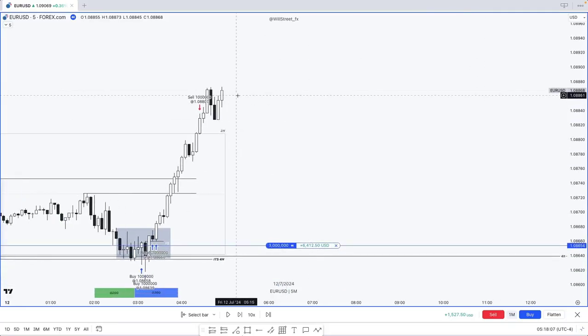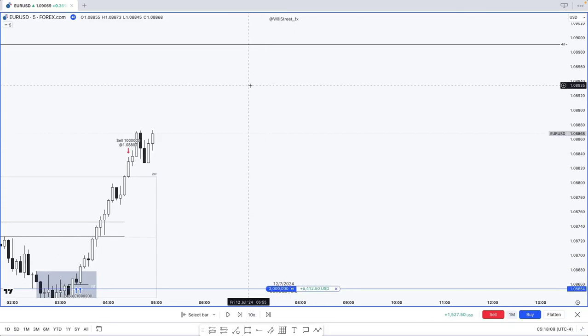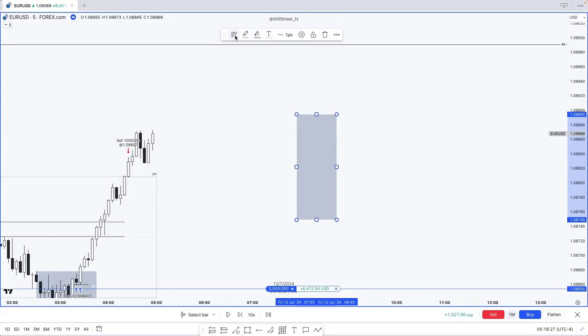Remember the opens? At 5 a.m. opens the... I don't have this here. I think it was the 6-hour, 4-hour, and 12-hour candles, which are very important candles. And remember I said about the opens.